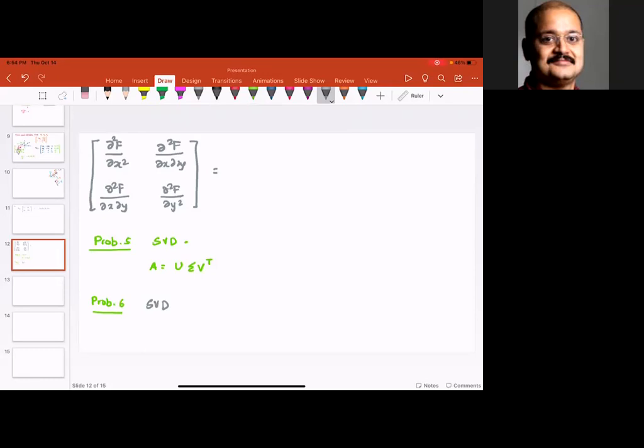Okay, now let me ask you the next problem, which is to find the closest rank approximation. Did anyone try the closest rank approximation problem?